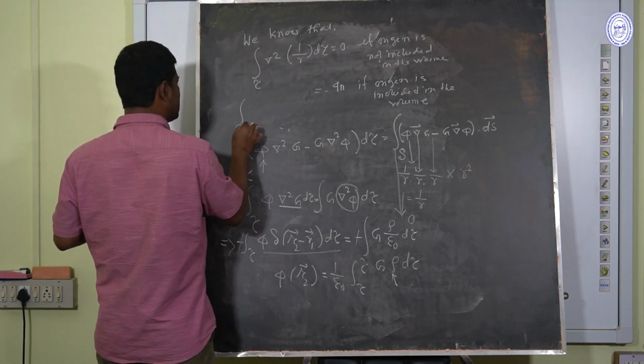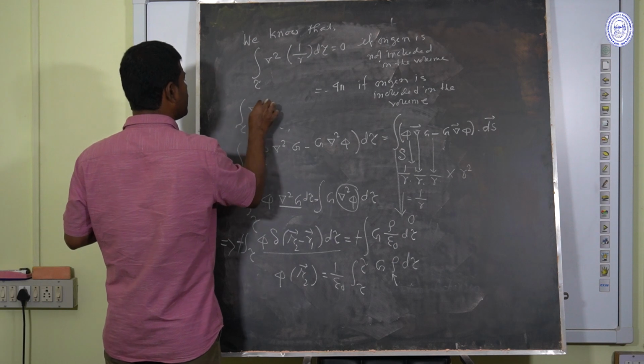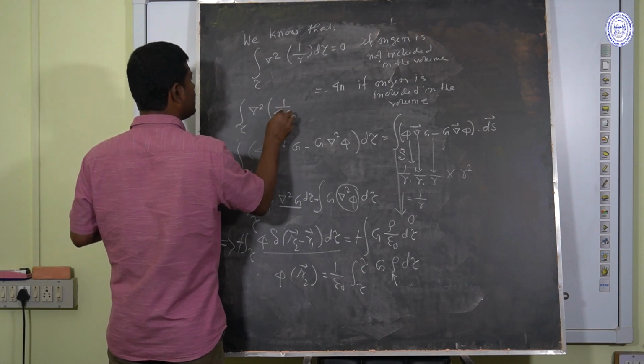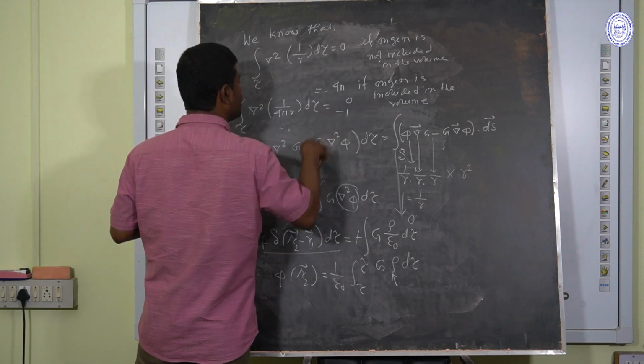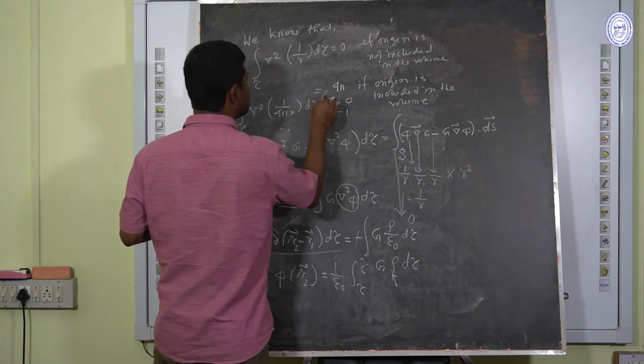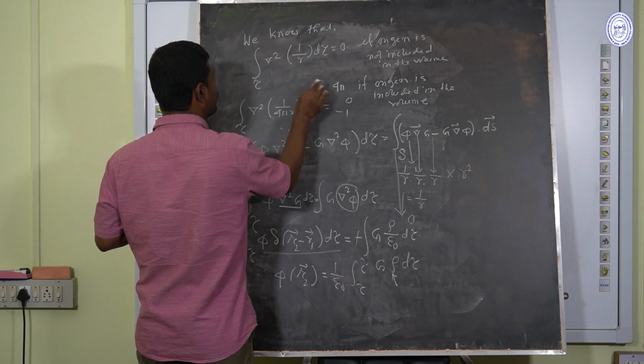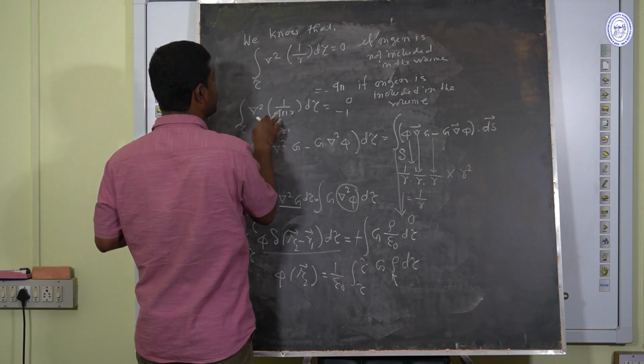Or the integration over tau of Laplacian of 1 by 4 pi r d tau equals 0 or minus 1; we have just taken 4 pi from the left side and divided the whole thing by 4 pi.